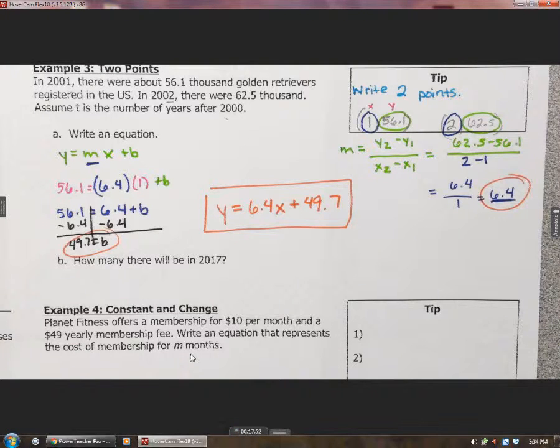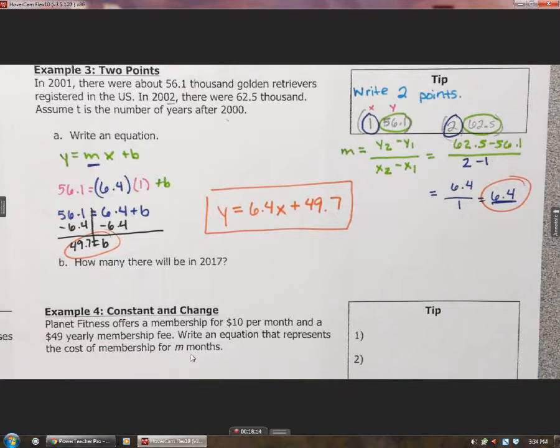This, I believe, is also a question right from your homework. How many will there be in 2017?